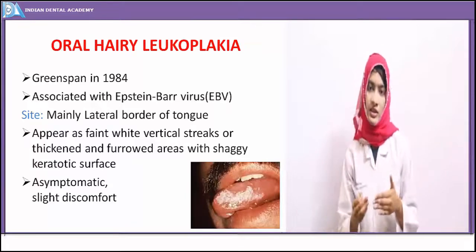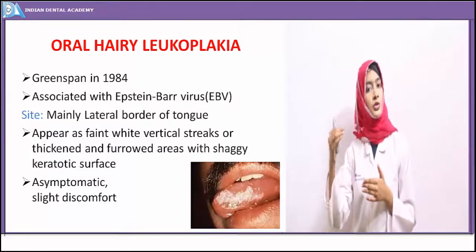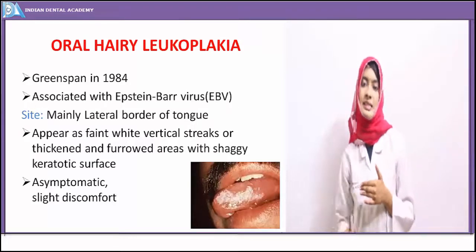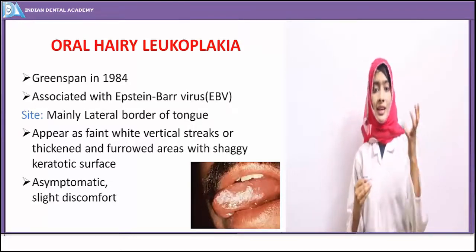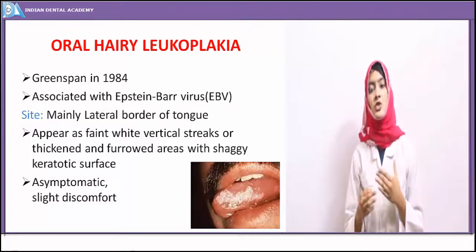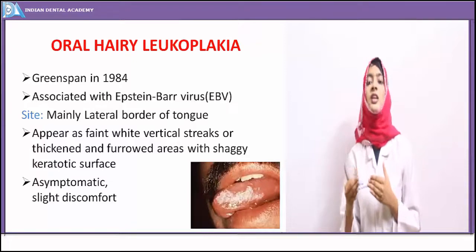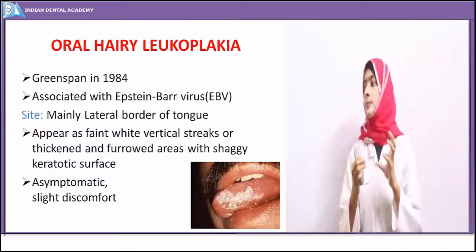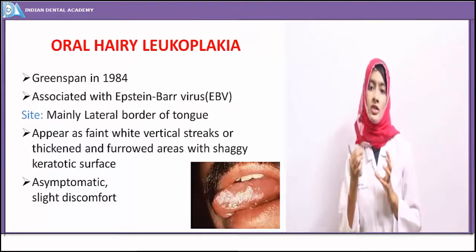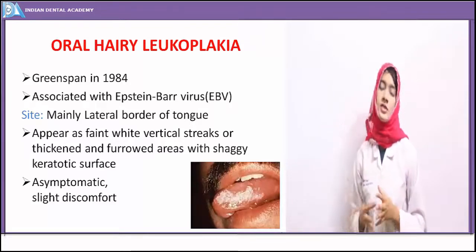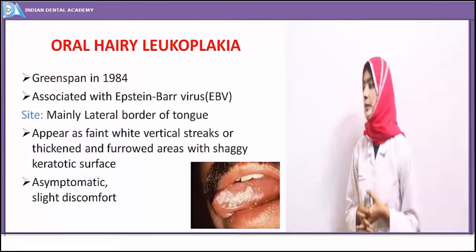So in cases of HIV infection, there is the diminution of all kinds of cytotoxic cells. Even the Langerhans cells are reduced in number. So that leads to reactivation of this Epstein-Barr virus along the lateral margins of tongue. So development of plaque-like lesions or vertical streaks, more commonly on the lateral border of tongue, gives the appearance of this oral hairy leukoplakia.